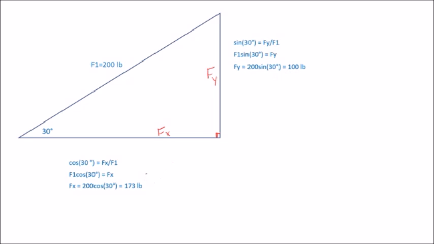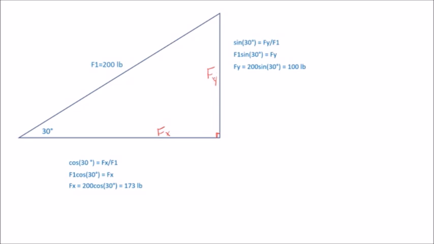It's important to note here that Fx and Fy are not going to sum up to be F1. They're actually going to be greater. If you were to think about this in terms of length, if this was 200 inches and this was 100 inches, then you would just have a straight line, right? It must be greater for us to have a triangle.